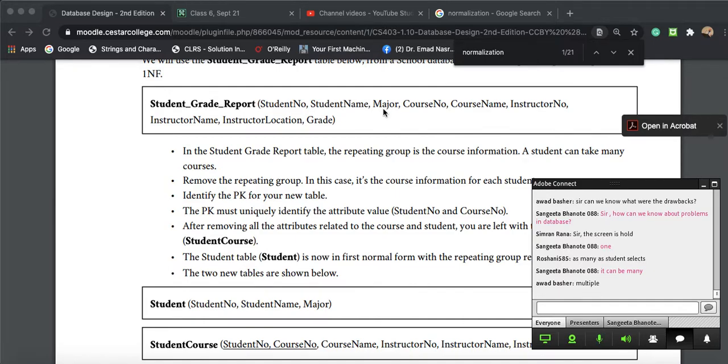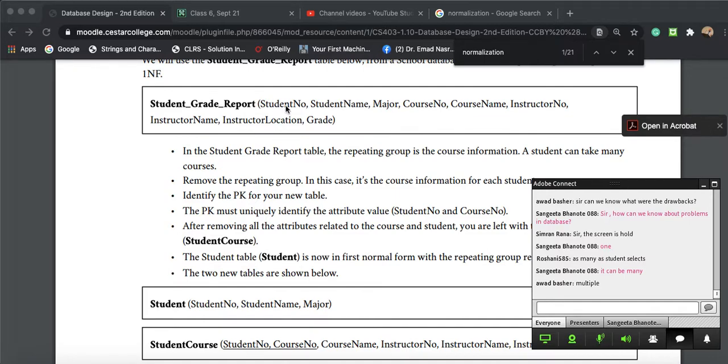If I want to let the student have 4 courses, I will repeat the student number, the student name, major, first course number, name, instructor number, instructor name, instructor location, and grade for the first course. Now, the second course: repeat student number, repeat student name, repeat major, no change. Course number will be different, course name different, and other information are different.